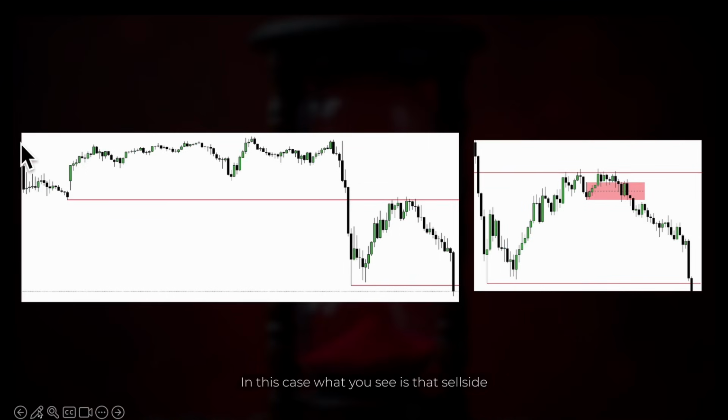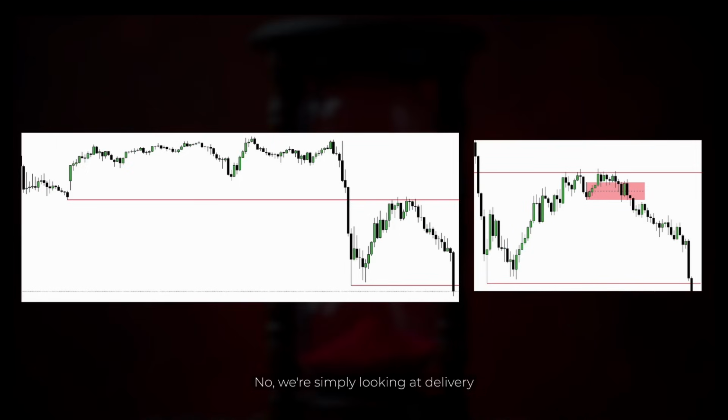In this case, what you see is that the sell side of the curve takes place, where you can see that the market is repriced towards the downside. And what's happening throughout this sell side of the curve is that sell side is being delivered. When we then see the market run up higher, we see the buy side of the curve being delivered. However, what's important to note is that we're not referring to a market maker sell or market maker buy model now in the sense of the traditional market maker model factors as you know them.